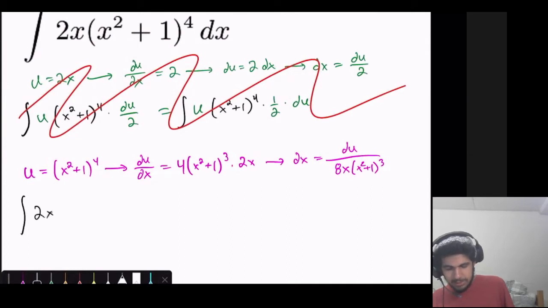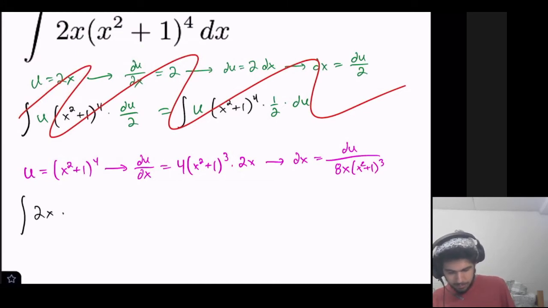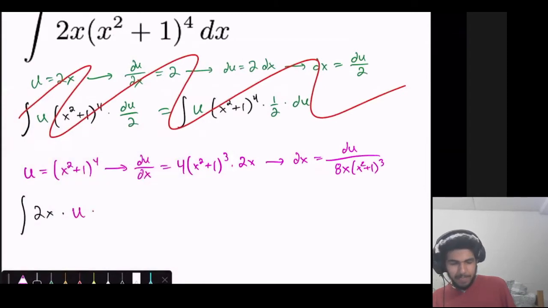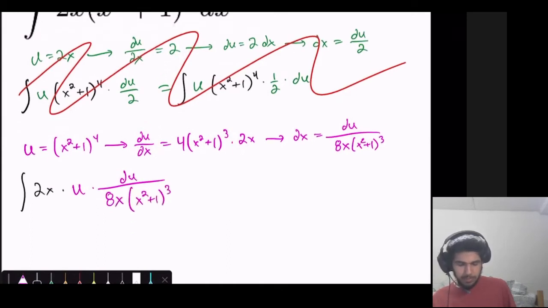Integral of 2x. Then we have that term, which we chose to be u, so we'll multiply that with u. And then dx, which we solved for right here, so we'll make that substitution as well: du over 8x times x squared plus 1 cubed.